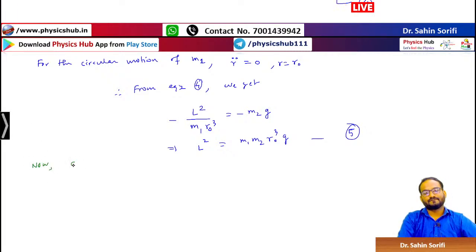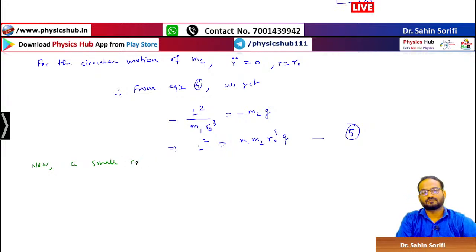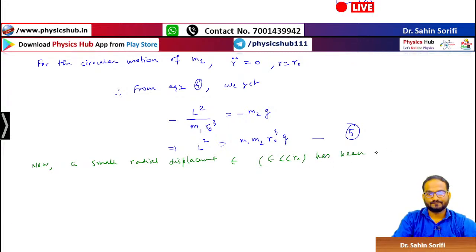Now a small oscillation, or a small radial displacement epsilon, where epsilon is much less than r naught, has been applied.